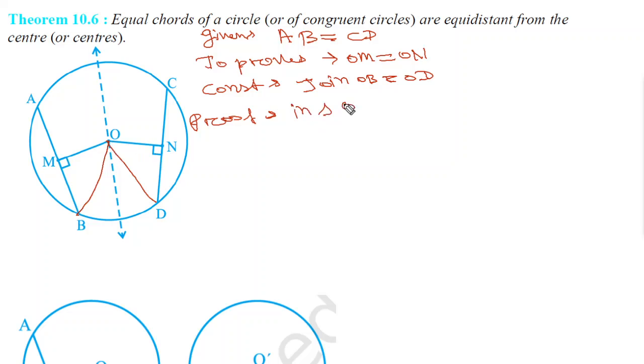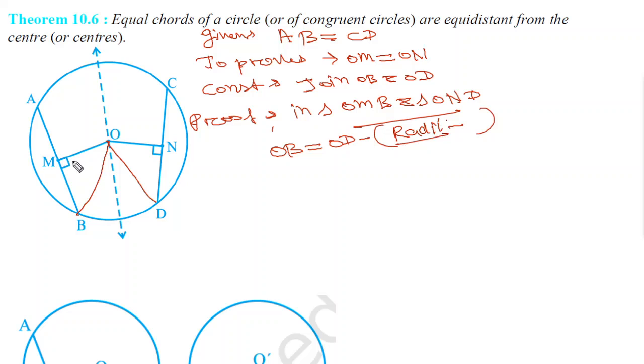Now in between these two triangles, we have OB equal to OD. Why? Radii of the same circle.